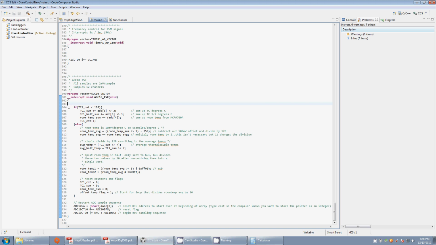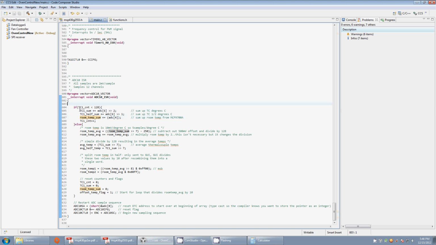And so we're going to come in here, and we have a counter that counts up to 128. So what happens is we take 128 samples of the thermocouple and the Microchip temperature sensor, and we store those in this long integer. I think it's a long int. And so effectively what we do is we are taking an average.